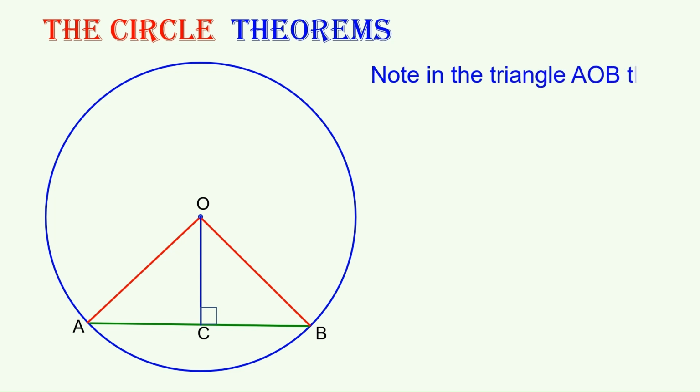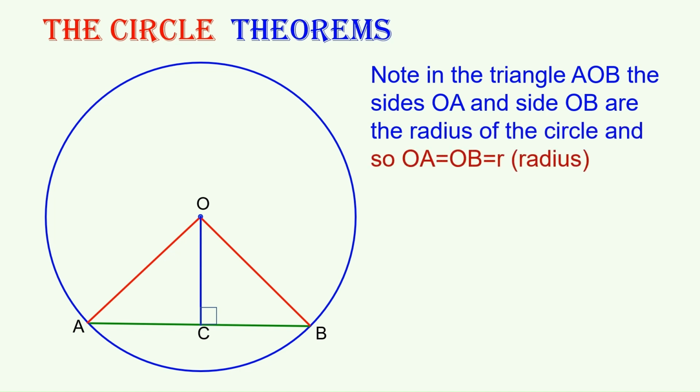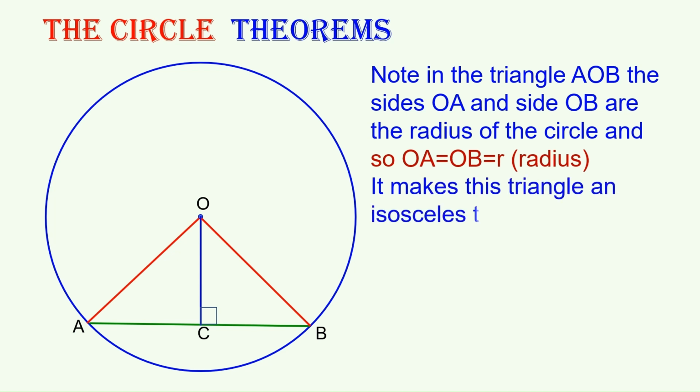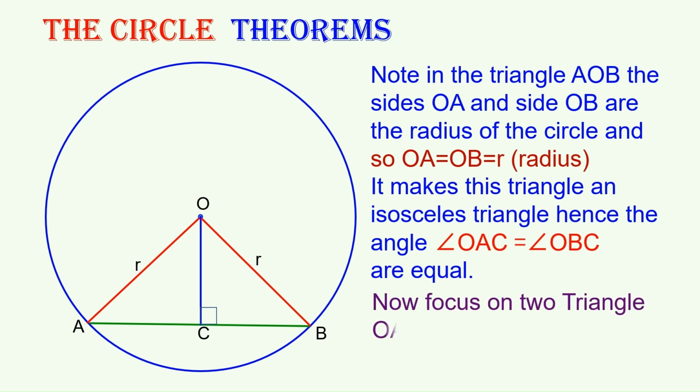Note: in the triangle AOB, the sides OA and OB are the radius of the circle, and so OA equals OB equals R, the radius. It makes triangle AOB an isosceles triangle. Hence the angle OAC and angle OBC are equal.